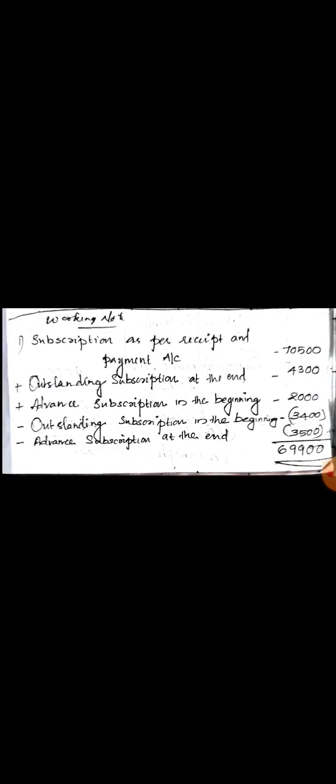Then asset side, cash 10,500, transferred from receipt and payment account. Then outstanding subscription is an asset. Then books, opening balance of books 8,000. Opening balance of investment 25,000. Balancing figure 44,900 is the capital fund in the beginning. Transfer this capital fund to the liability side of closing balance sheet.